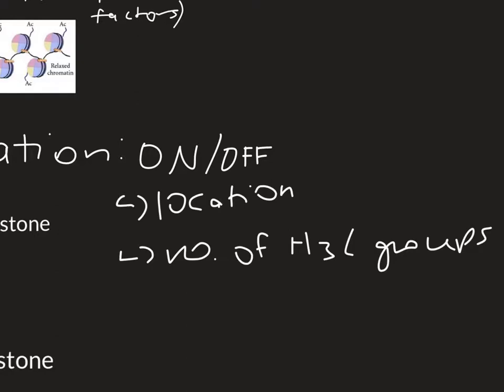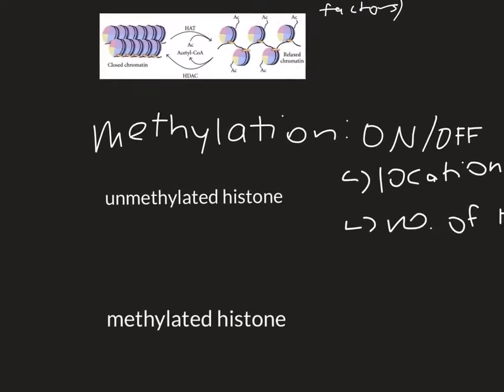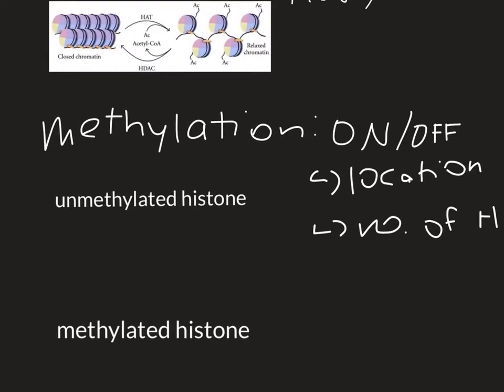Amino acids can be monomethylated, that's one methyl group, dimethylated, that's two methyl groups, or trimethylated, which is three methyl groups. The addition of a methyl group to the lysine or arginine residues of an N-terminal tail is mediated by histone methyltransferases, or HMT for short, while its removal is mediated by histone demethylases, or HDM for short.